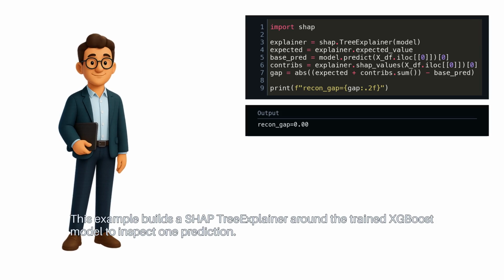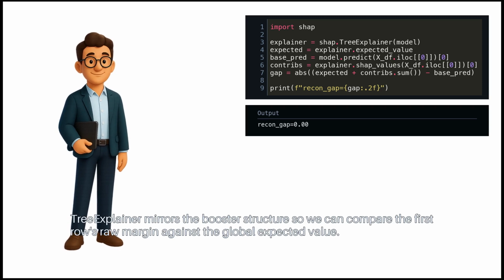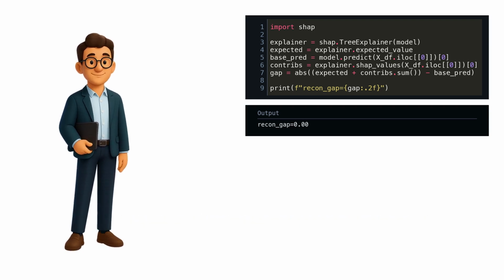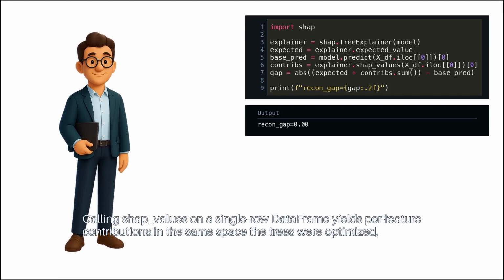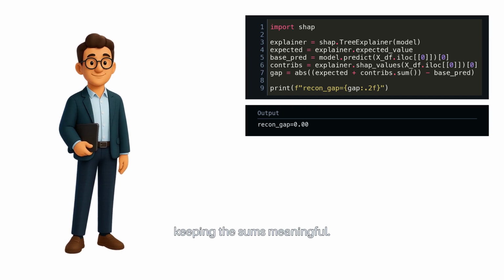This example builds a SHAP TreeExplainer around the trained XGBoost model to inspect one prediction. TreeExplainer mirrors the booster structure, so we can compare the first row's raw margin against the global expected value. Calling SHAP values on a single row data frame yields per feature contributions in the same space the trees were optimized, keeping the sums meaningful.